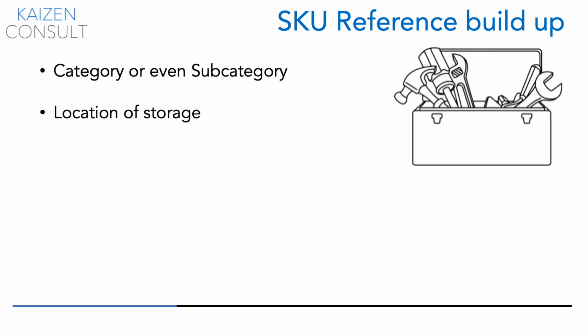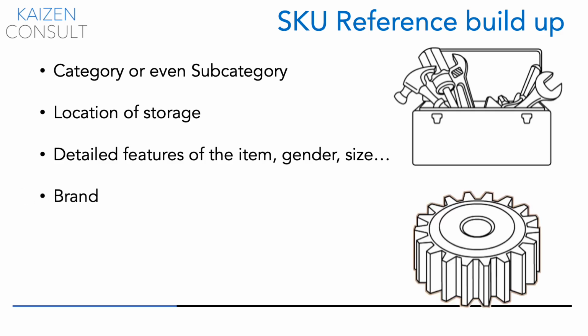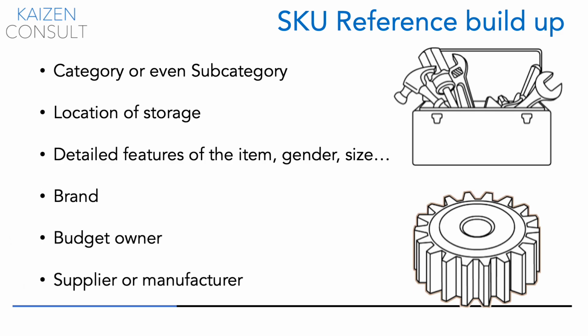Location of storage, even more detailed features of the item for differentiation, like gender or size, the brand, the budget owner, or the supplier or manufacturer, among other details.